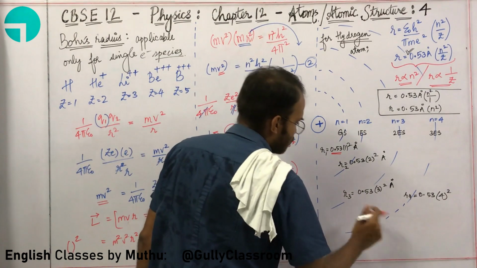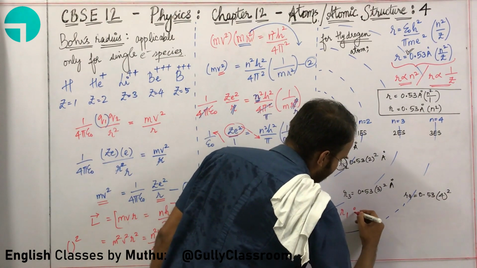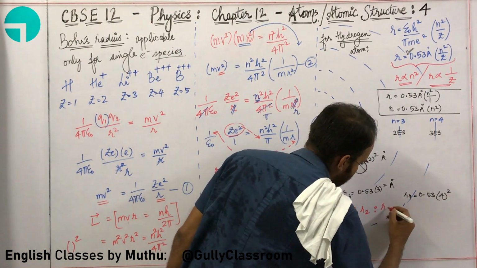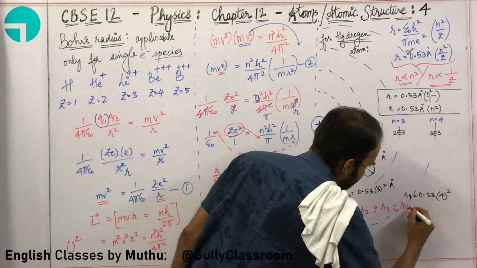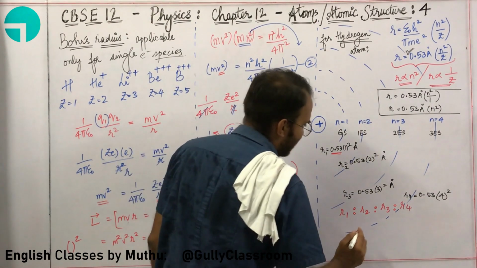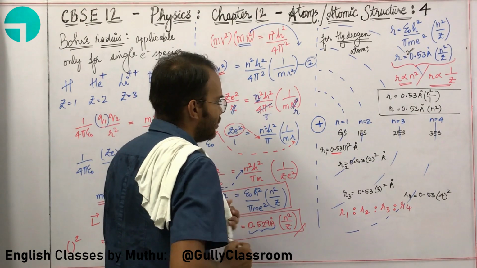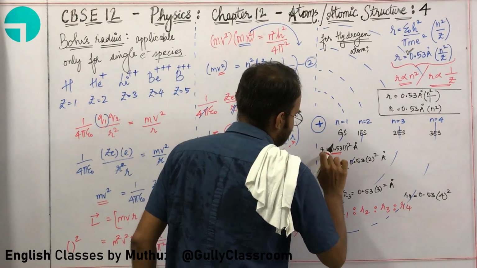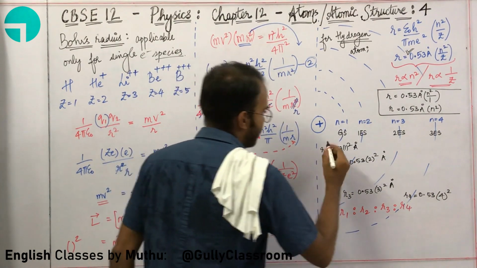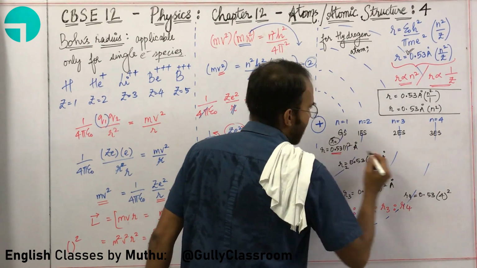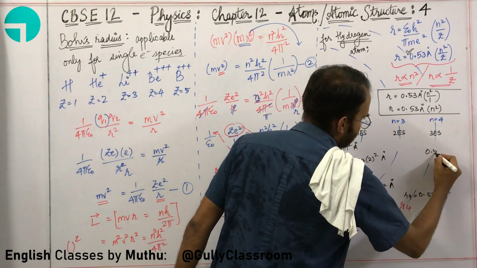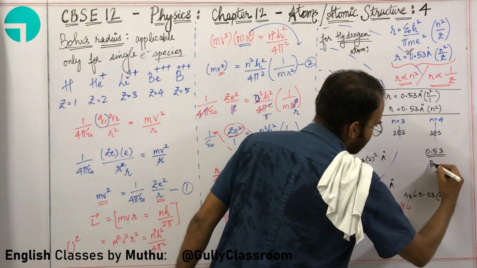So here I am going to compare R1 is to R2 is to R3 is to R4. Let me write the values. Let us call this 0.53 as R0, Bohr's radius.